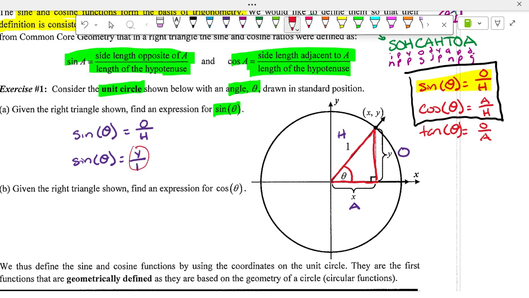Now, what is y divided by 1 equal to? Just y. So this is the same thing as sine of theta is equal to y. So in other words, whatever the y coordinate is, that's sine.